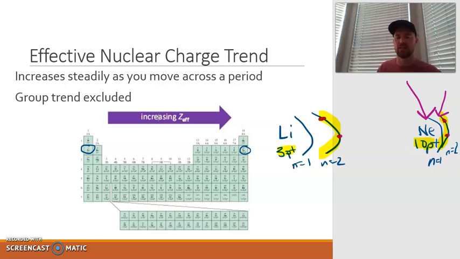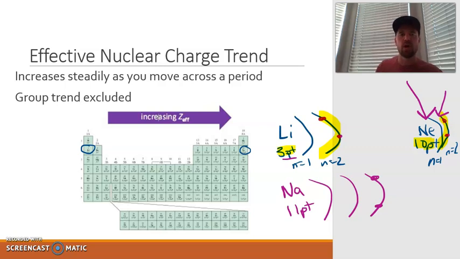Now, let's contrast lithium to the element right below it, which is sodium. Sodium has 11 protons, a lot more than 3. But sodium's outermost or valence electrons are actually in the 3rd energy level. So on the one hand, sodium has a stronger nucleus than lithium does. But on the other hand, its outer electrons are further away.